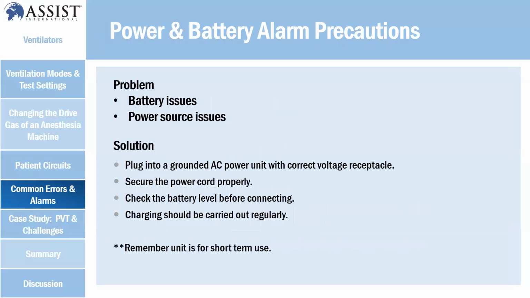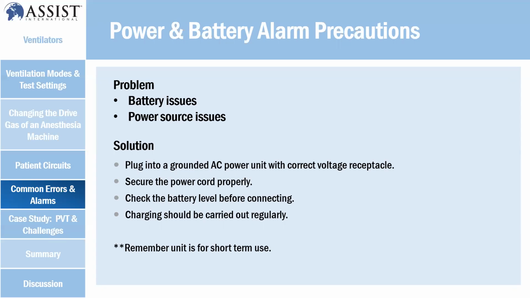Battery alarm precaution. This is another common issue that you're going to see. Battery issue, power source issue. Because the power source is not stable, you end up getting power failure and the battery not charged properly and not working properly.